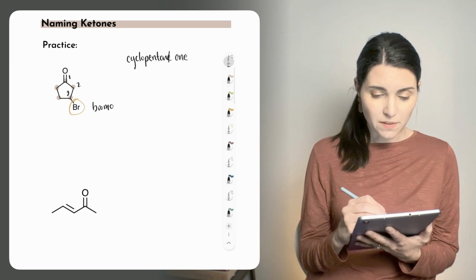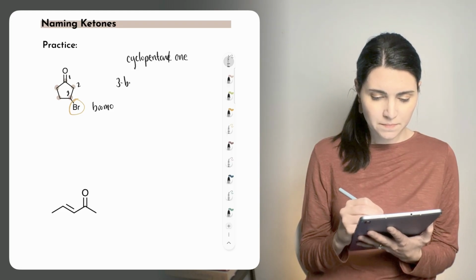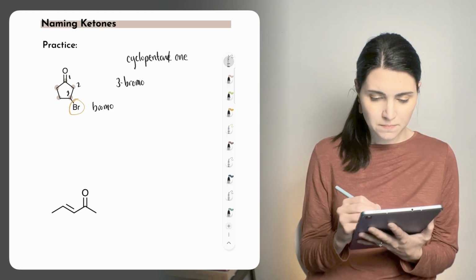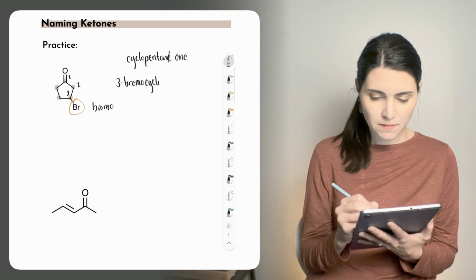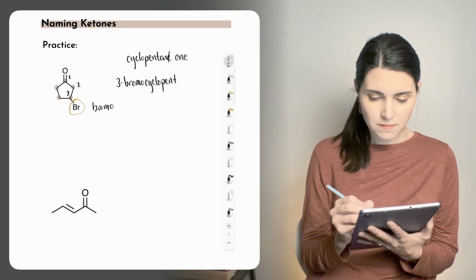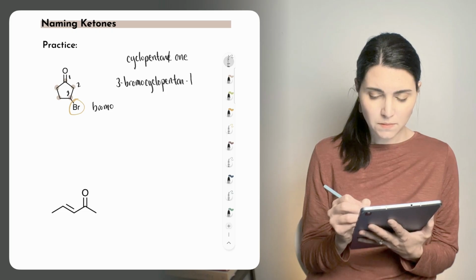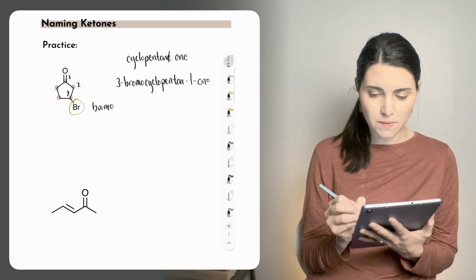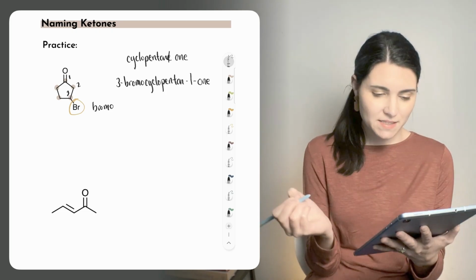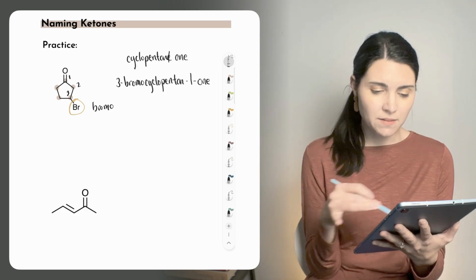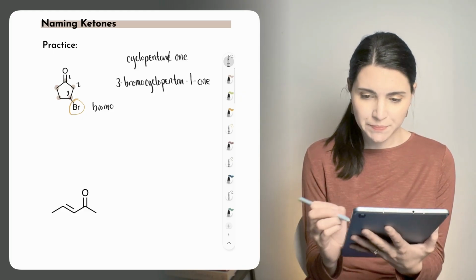So this is going to be a 3-bromocyclopentan-1-one.